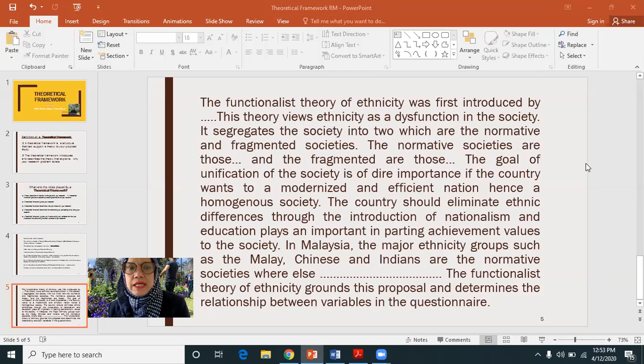The normative societies are those who are the normative society according to the theory, and the fragmented are those who are the fragmented societies according to the theory. The goal of unification of the society is of dire importance if the country wants to be a modernized and efficient nation, hence a homogeneous society.